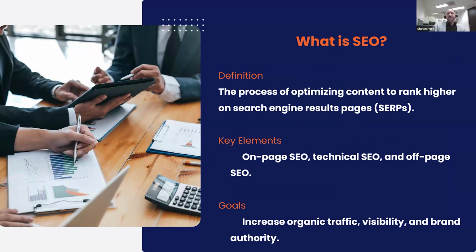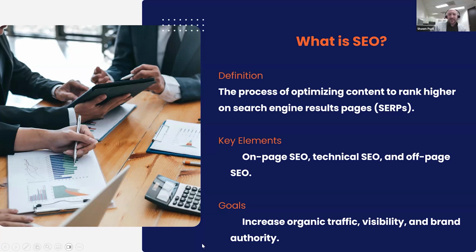Okay, so first we're going to discuss what is SEO. I'm sure by now all of us are very familiar with this term, search engine optimization. It's the process of optimizing content to rank higher on search engine results pages. Key elements to this are on-page SEO, technical SEO, and off-page SEO.